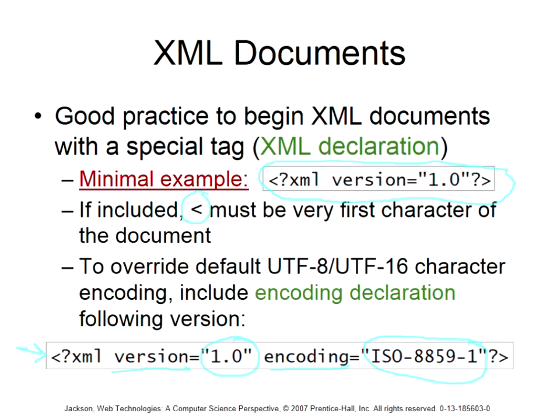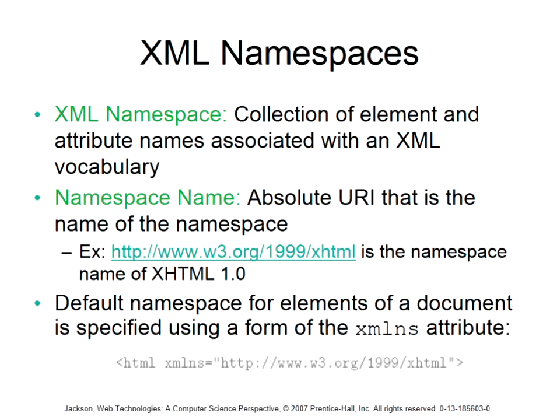In this declaration, we can override the default UTF-8 and UTF-16 character encoding. So we can add an encoding declaration. My declaration will be XML with the attribute version 1.0 and with the attribute encoding, and here we will specify the character encoding.